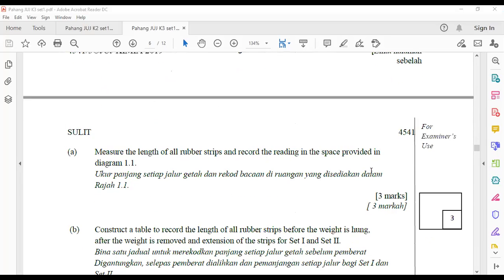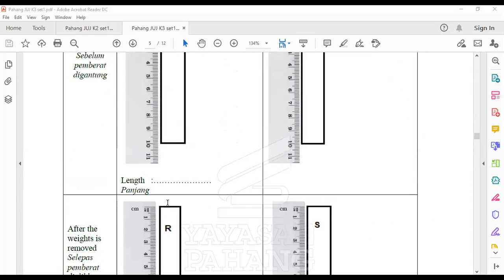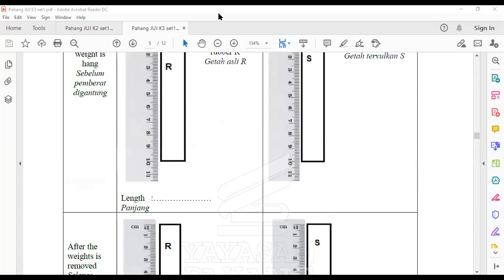For the question, measure the length of all the rubber strips and record the reading in the space provided. You please check your answer. For part 1, set 1, you should have 10.0 centimeter. Can you see there is no unit given to you? So you should put your answer as 10.0 centimeter.